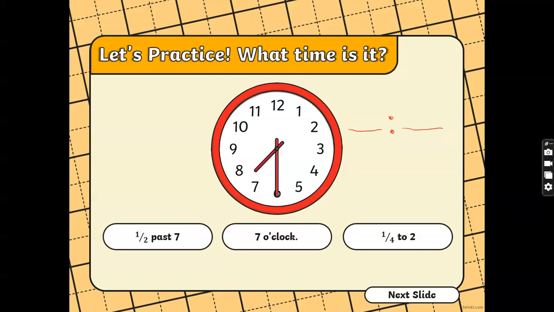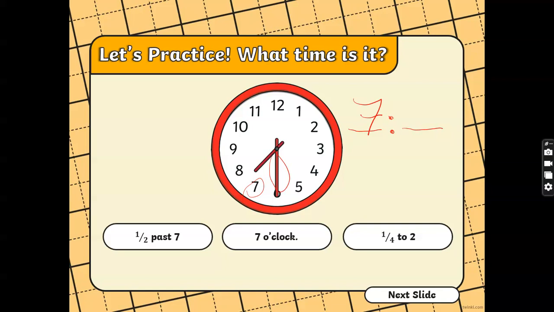Okay, let's start. Here, the hour hand is pointing at which number? Can you tell me? Excellent. It's pointing to number 7. Now, I write here 7. Now, let's talk about the minutes. The minutes hand is pointing at which number?